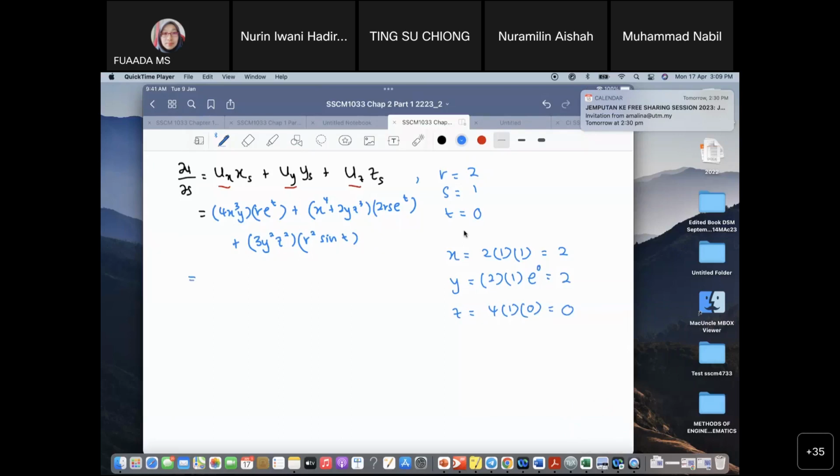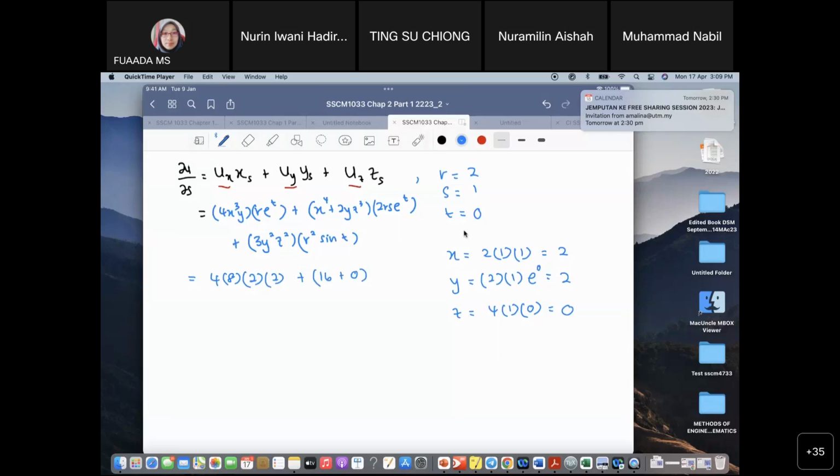Then we substitute. For x cubed we got 8. Y you got 2. Okay, R is 2. E0 is 1. Plus x4, so 16. 16 plus 0 because that's 0.